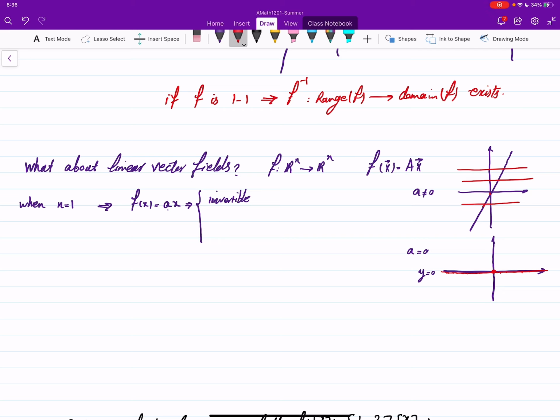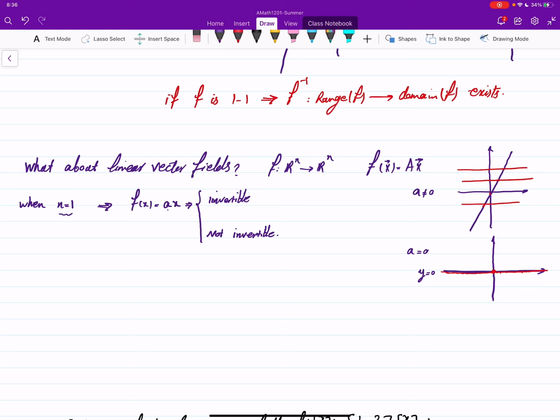That means that it's not one-to-one, and as a result, this is not invertible. We want to develop such a thing when n is bigger than 1. How about n equal to 2, n equal to 3?